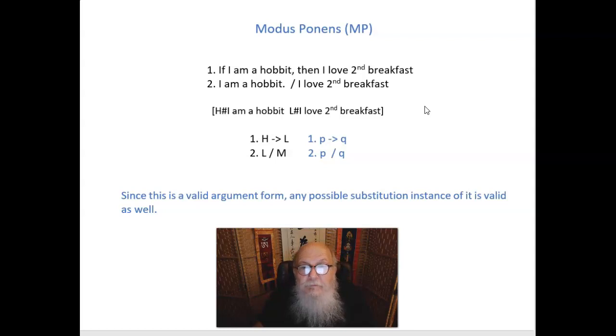I am a hobbit, therefore I love second breakfast. We make our little dictionary, and we symbolize it, if H, then L, H, therefore L, which gives it the form, if P, then Q, P, therefore Q. And since this is a valid argument form, any possible substitution instance of modus ponens is valid as well.